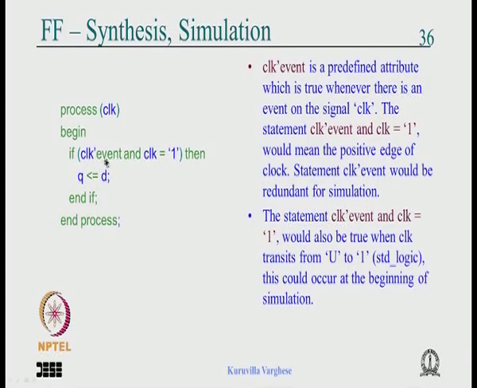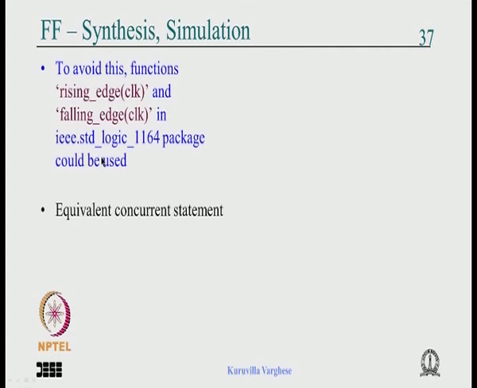attribute. Clock'event is a predefined attribute which only means an event on clock. It is not that it is 0 to 1 or 1 to 0. A way to avoid that is that there is a function in the std_logic_1164 package. There are two functions: one is called rising_edge(clock) and the other falling_edge(clock).